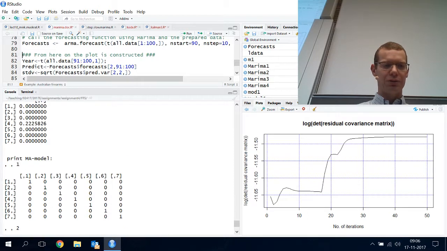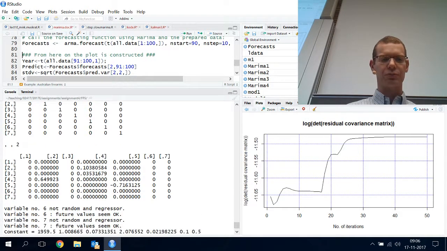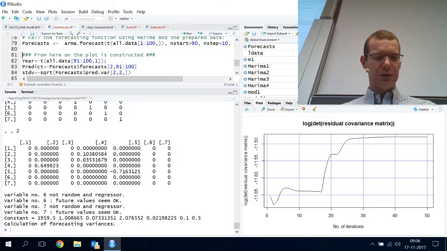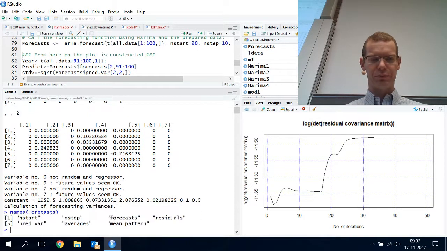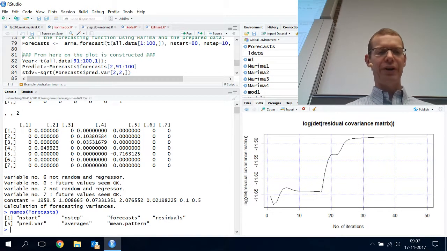What we get out, well, it just shows you which model you used, and some other data and what it contains: the starting point, how far to go, the forecast, the residuals, the prediction variances, the averages, and the mean pattern.